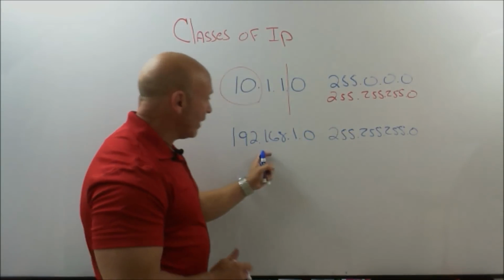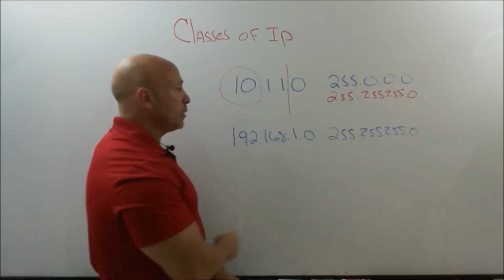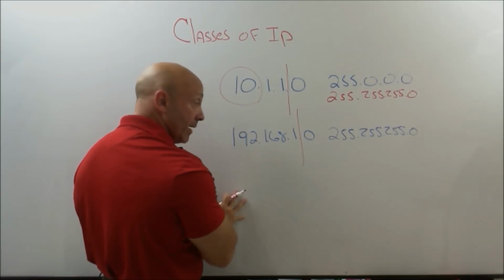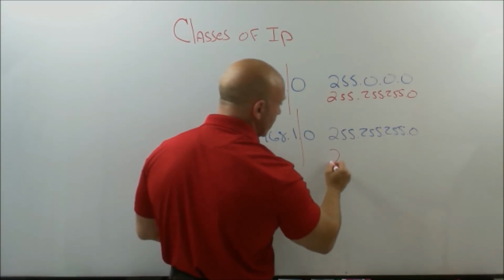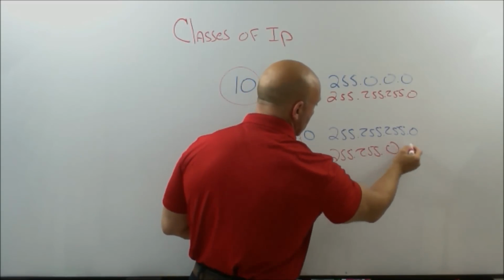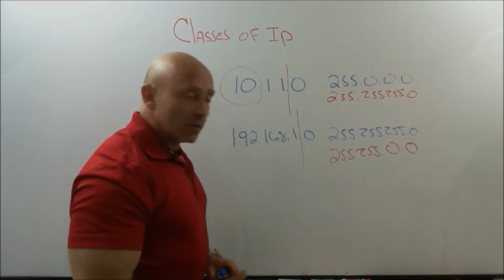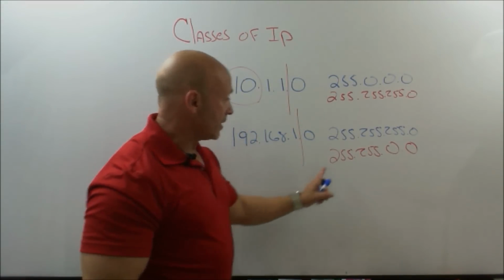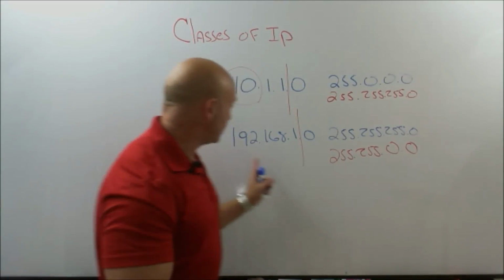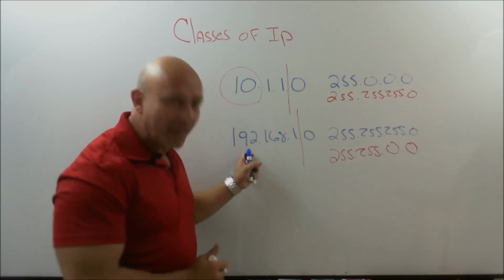What about this guy right here? If we were to go like this now, the default line is right here, correct? But what if we decide to do this? Does that mean that this one becomes, because it has a 255.255.0.0, the default for a B, that this automatically, magically turned into a B?